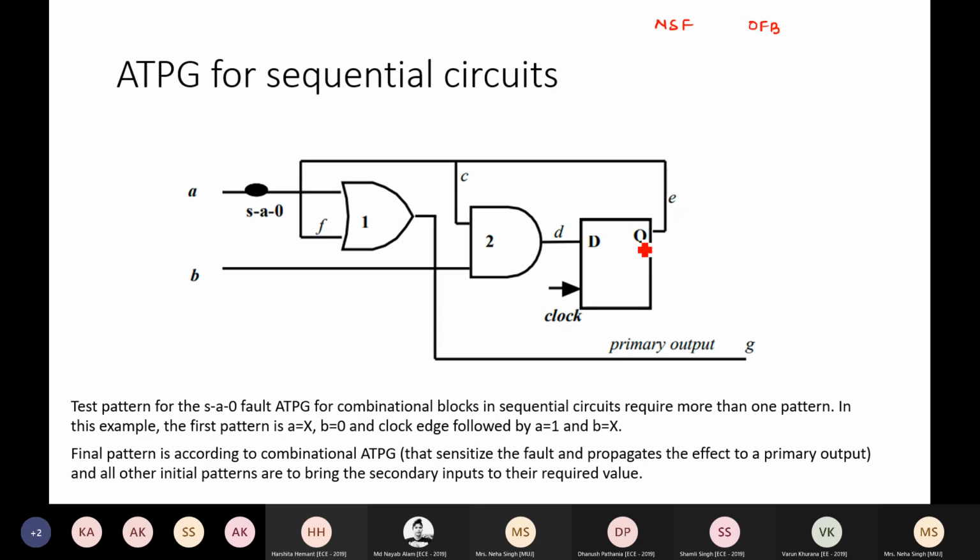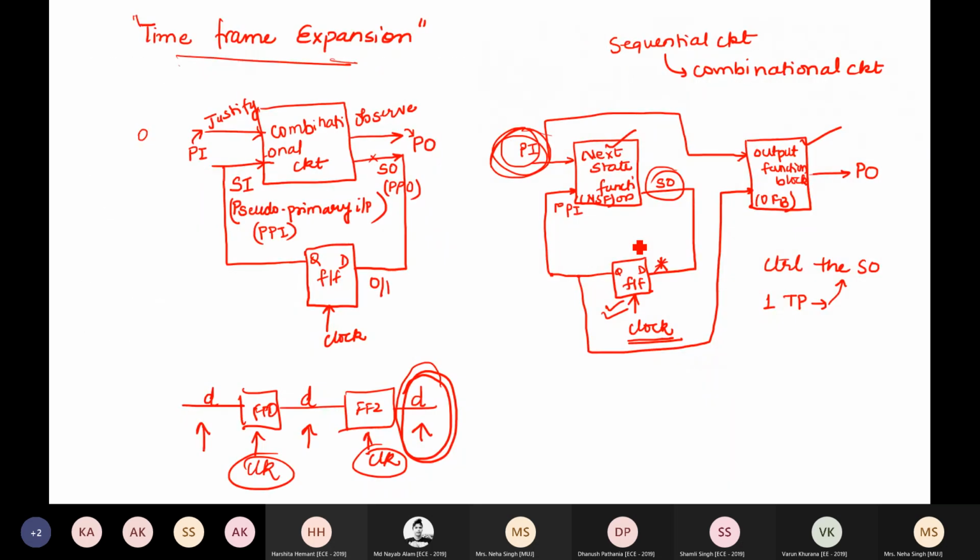तो कंपेयर इट विद दिस डायग्राम. एक प्राइमरी इनपुट आ रहा है और दूसरा फ्लिप फ्लॉप का आउटपुट आ रहा है, राइट? In OFB, I am getting a primary input and the output of the flip flop. But OFB का output becomes my primary output, NSF का output becomes my secondary output.